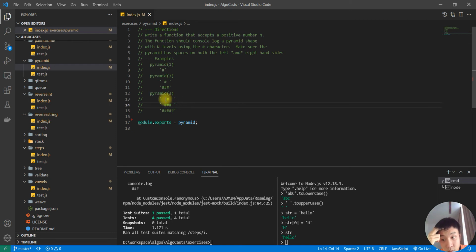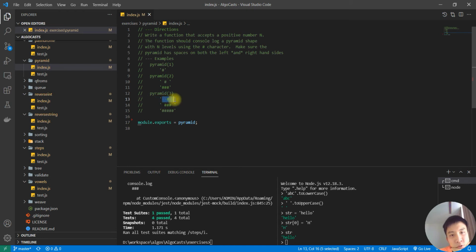So I think for this kind of problem we have to formalize it. Let's say for n levels, one thing to notice is every level has the same width.